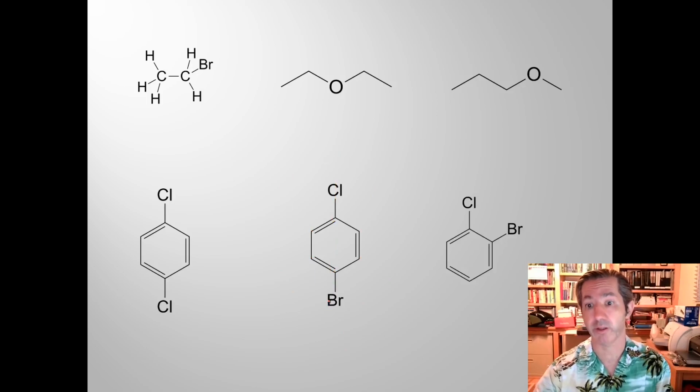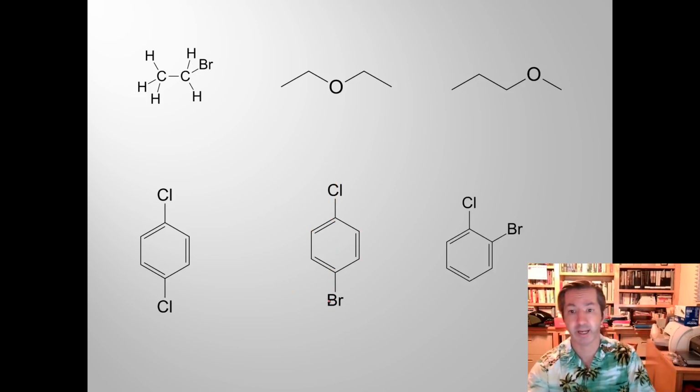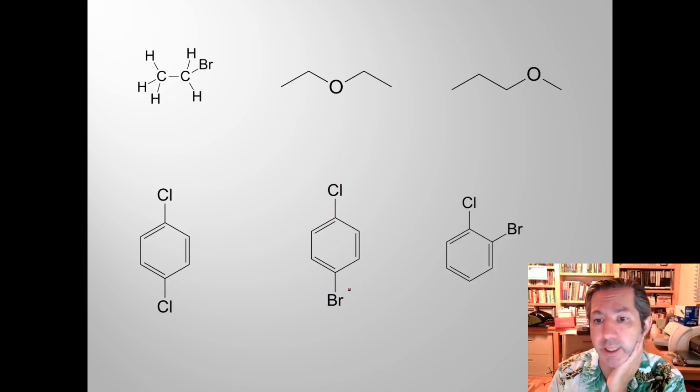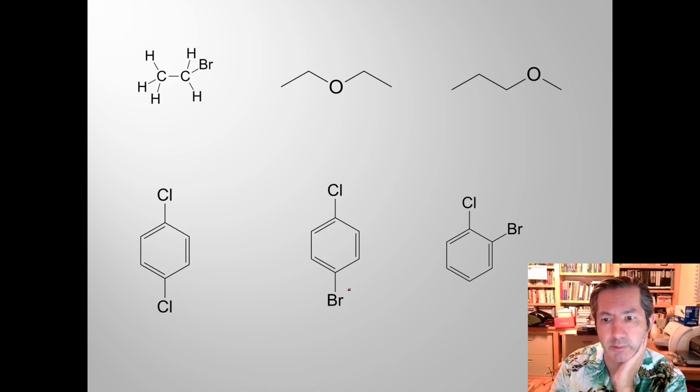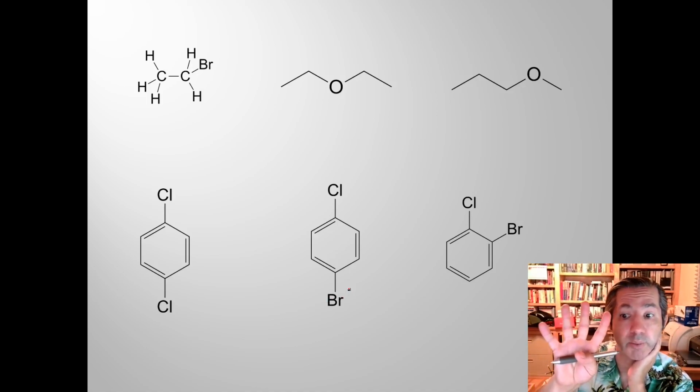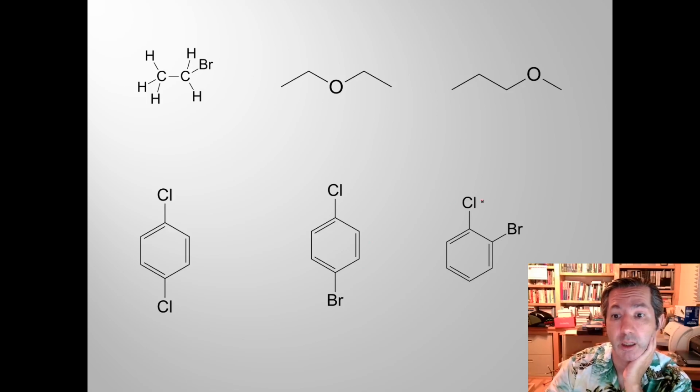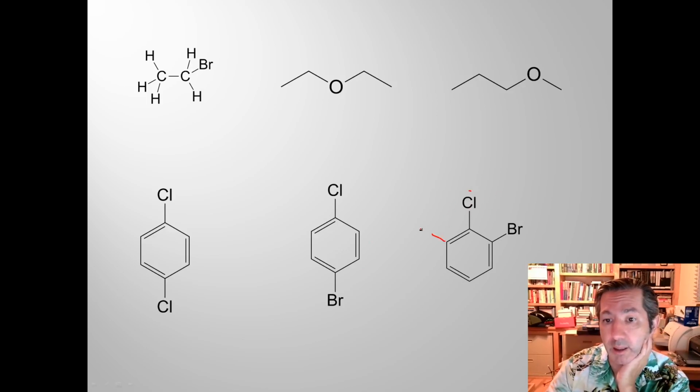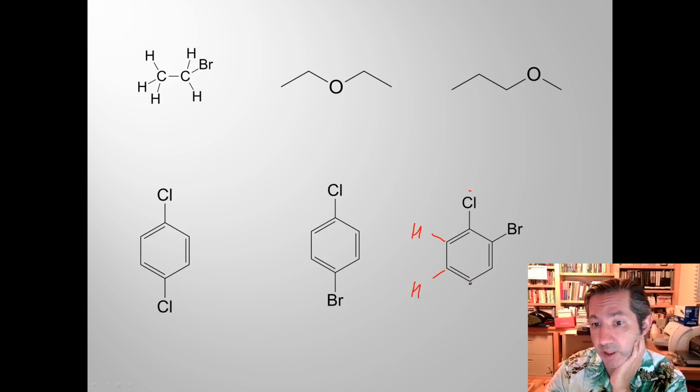Let's really get rid of the symmetry. Now we've got how many types of hydrogen here? Pause and count them up. You should have come up with 4 types of hydrogen because we don't have a plane of symmetry anymore. We've got a chlorine and a bromine. Here's a hydrogen that is 4 bonds from chlorine. This guy is 5 bonds away from chlorine. This guy is 5 bonds away from bromine.